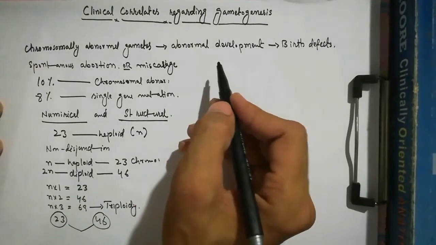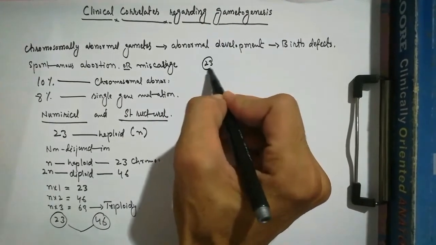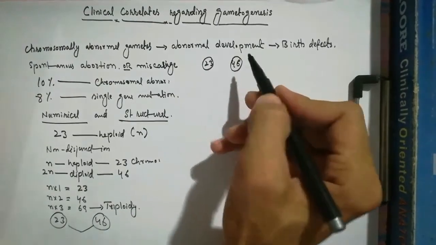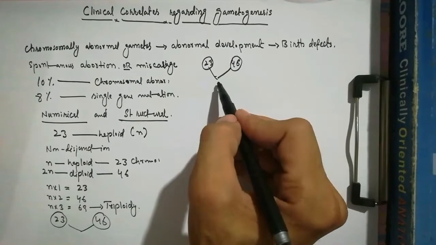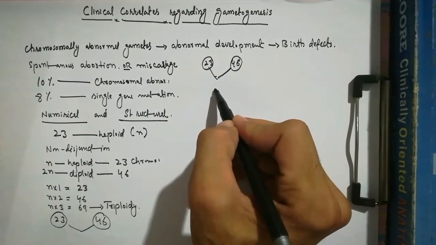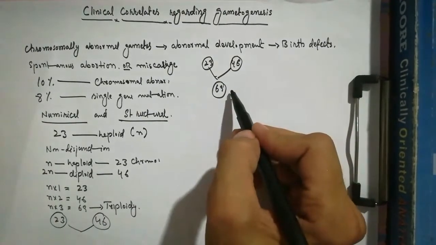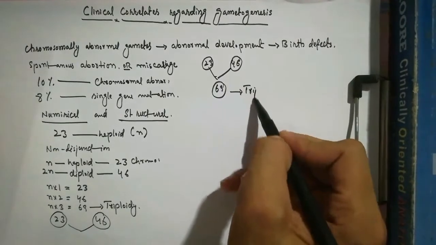When these two gametes unite at fertilization, they produce a zygote which contains 69 chromosomes. This is called triploidy.